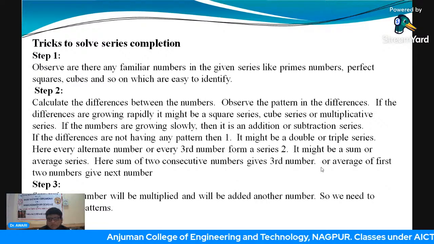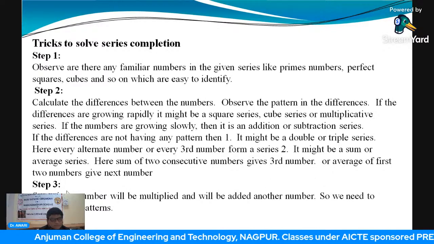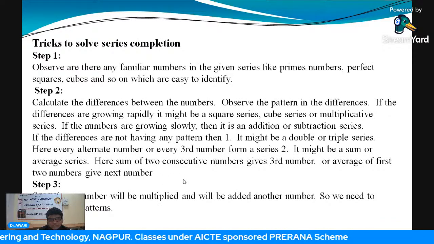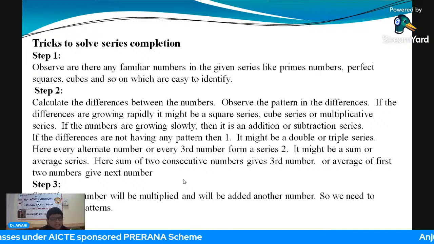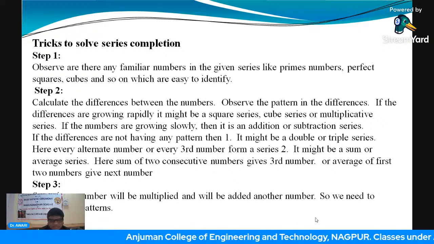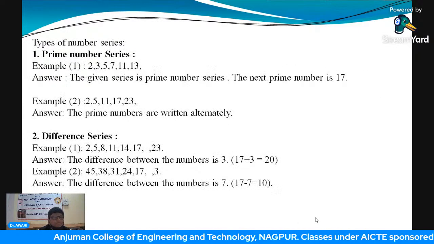It might be a sum or average series, where the sum of two consecutive numbers gives the third number, or the average of the first two numbers gives the next number. Sometimes a number will be multiplied and then added to another number. So we need to check those patterns.